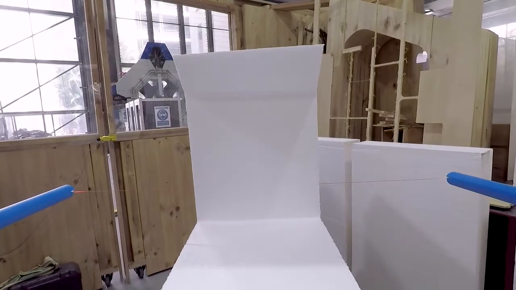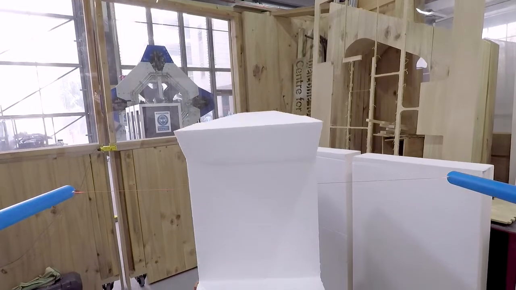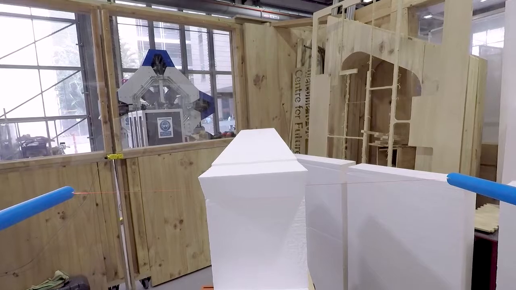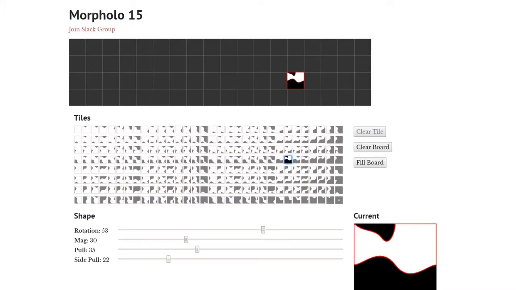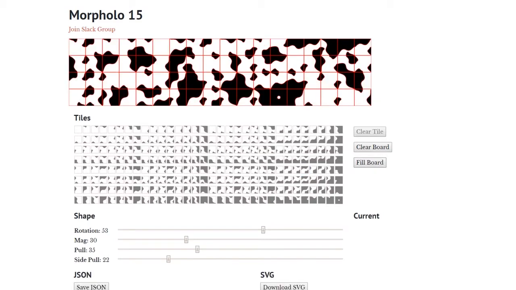What we did was set up a rule-based structure based on the Morpholo game, invented in the 1970s by Thierry Foucault, where there's a grid and edges must combine with other edges in order to proceed and build a similar organic form. The special aspect about the Morpholo game is that it departs from a code that generates combinatorial sequences.